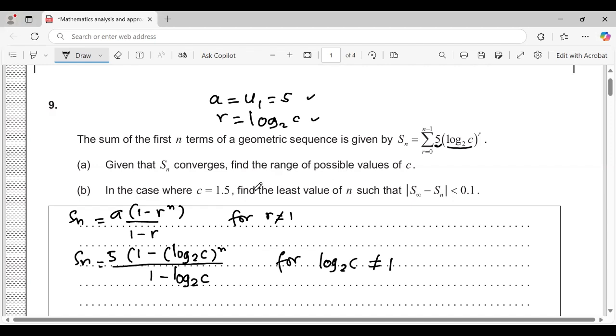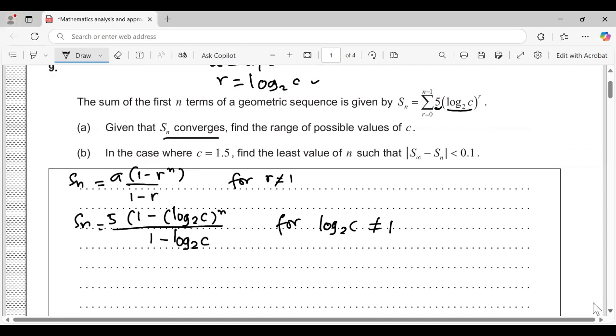And according to the information that Sn converges as n approaches infinity, the sum must approach a finite value.